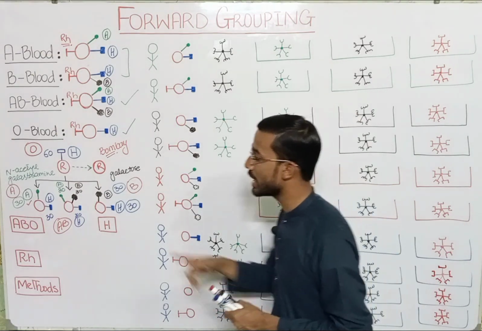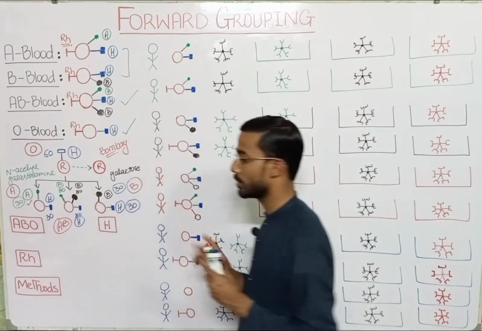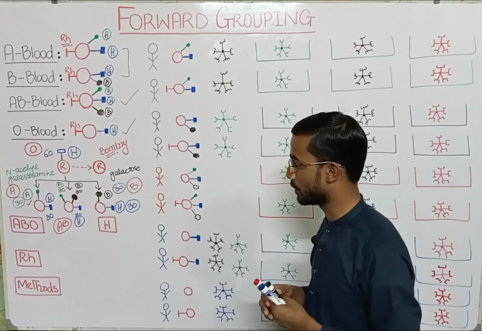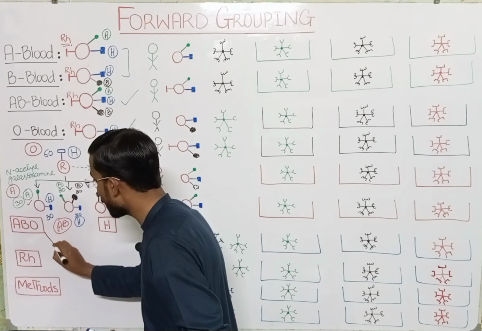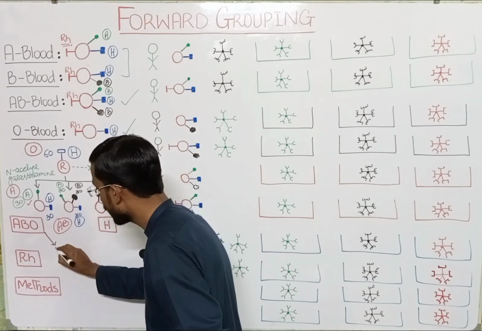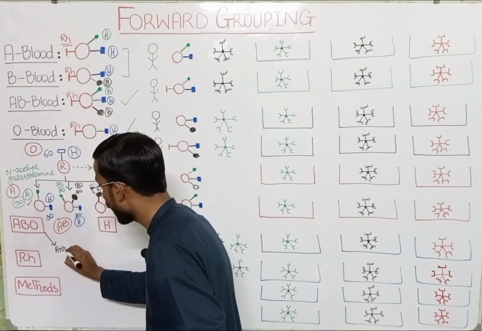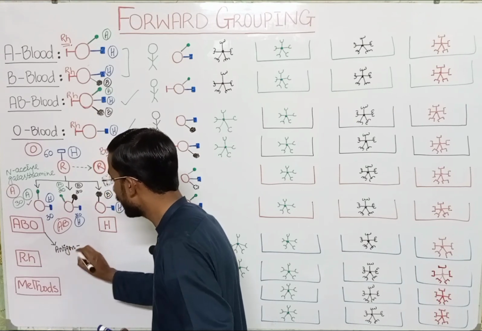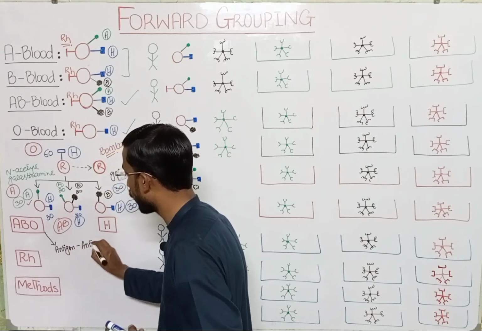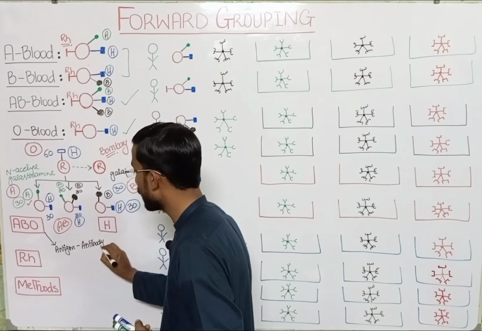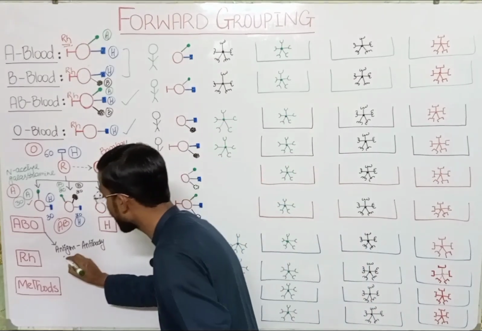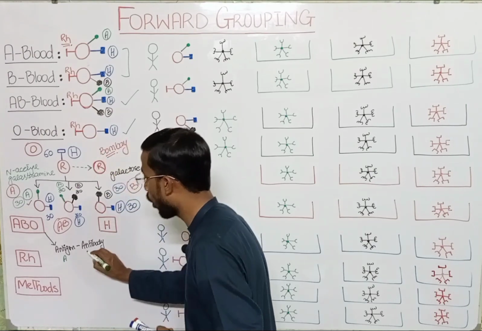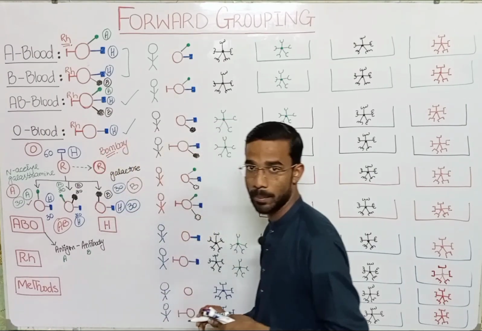Next we move towards the ABO, RH and H antigens and their antibodies. Keep in mind that in the ABO blood group, the antigen will be opposite to the antibody. Let's suppose A antigen is present, then the B antibody will be present.